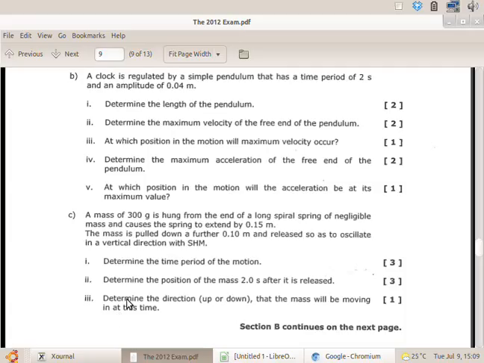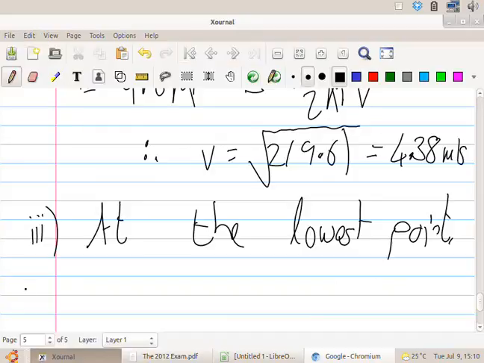Alright. Determine the maximum acceleration of the free end of the pendulum. So in other words, when is the acceleration maximum? At the top, yeah. At the top. Now, can you get out your formula books? Because in fact, I think there's a formula for this in the formula book. So let's try and look at the formula book now.